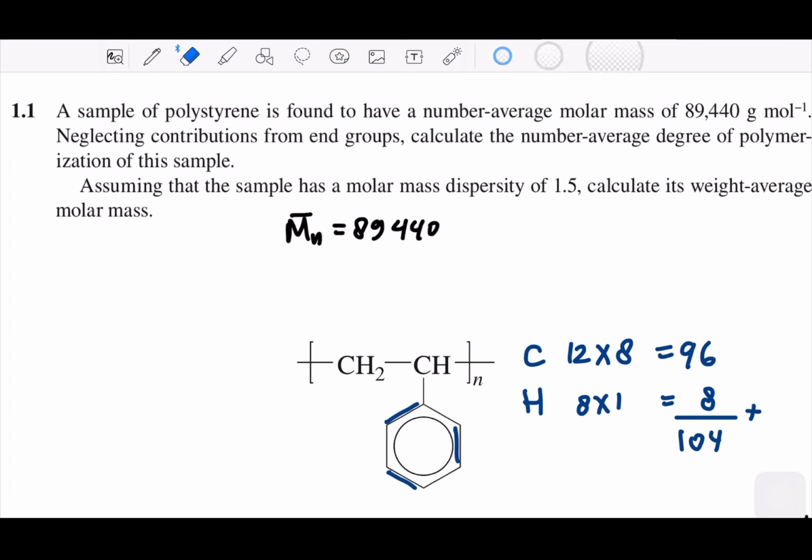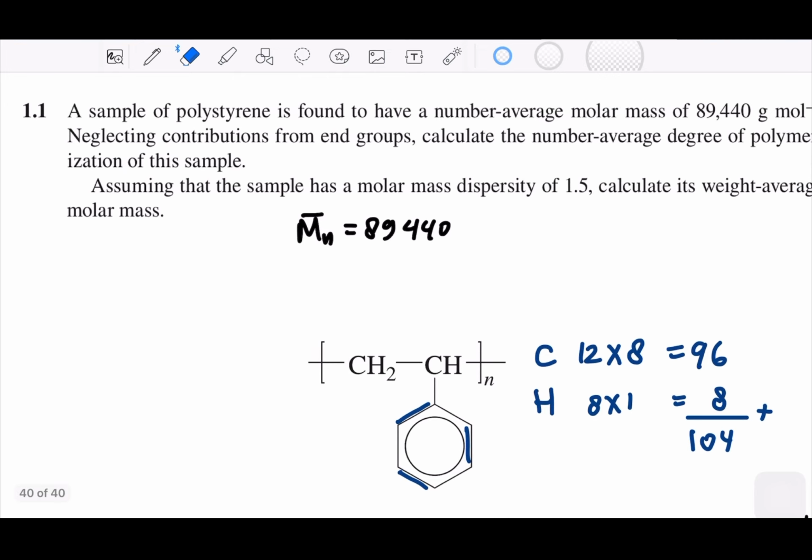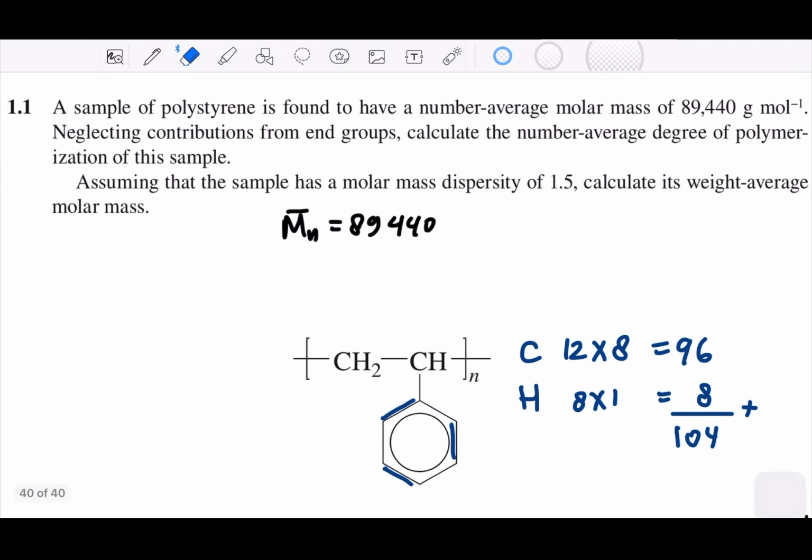So the degree of polymerization for the number average is Mn divided by M0.